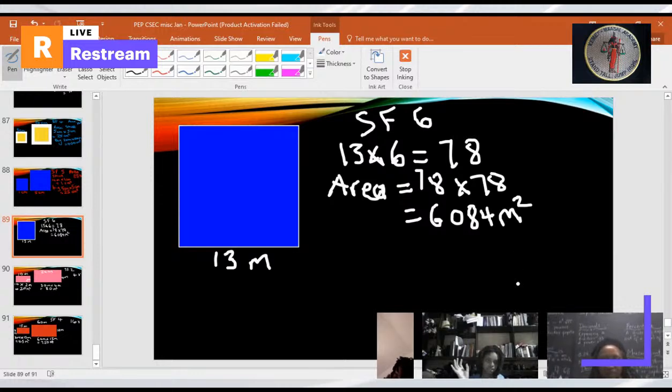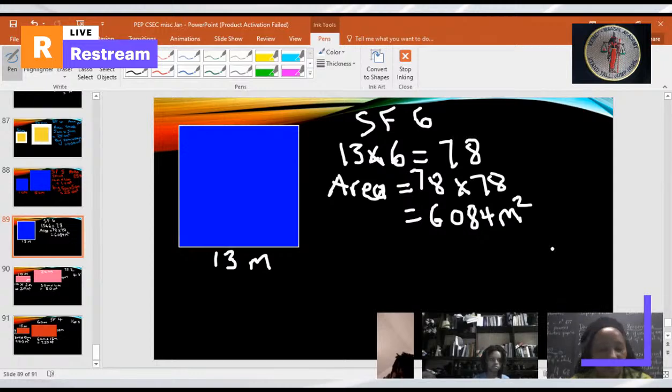And then I divided 6,084 by 169 to get my answer. I thought it was wrong, but I realized it's correct. It's 36 times. How did you realize it's correct? Miss, because 36 is the square of 6, and 6 is the scale factor.